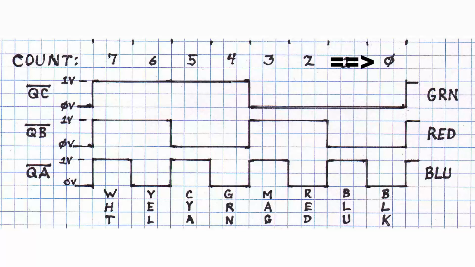And in the last position, all 3 signals, green, red, and blue, are off, giving us the black bar. Those are the voltage waveforms from a red, green, and blue generator as they would appear on the red, green, and blue output jacks of a generator.